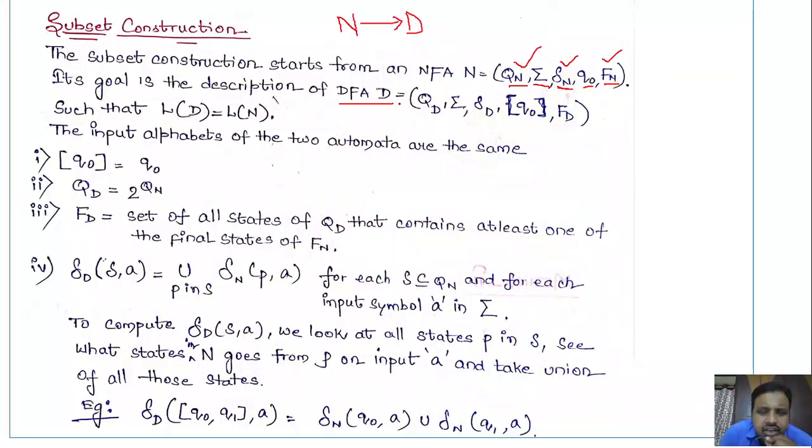right? The DFA, which we represent using 5 tuples here, again: QD, the states in the DFA, sigma, the input symbol, delta D, the transition function in the DFA, and Q naught. Here you observed, I have written the Q naught in a square bracket, right? Whenever we enclose a state in square brackets, it means the state is related to the DFA.